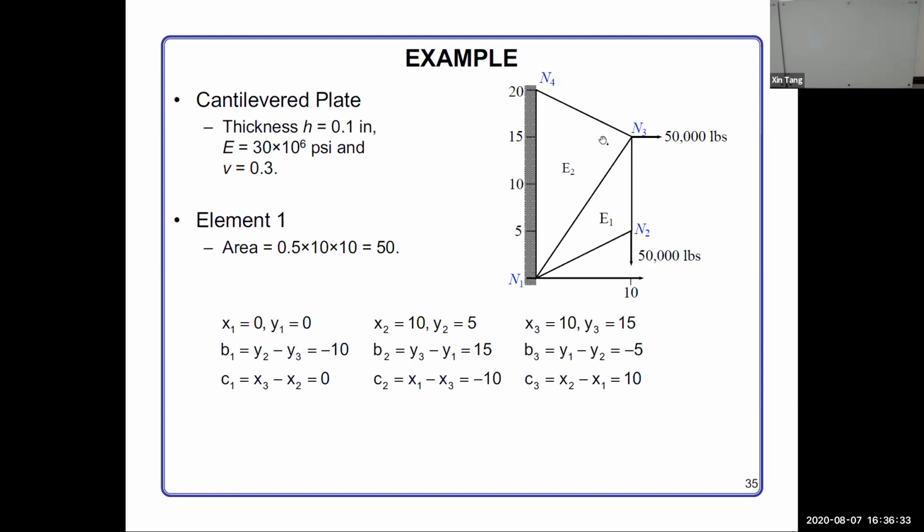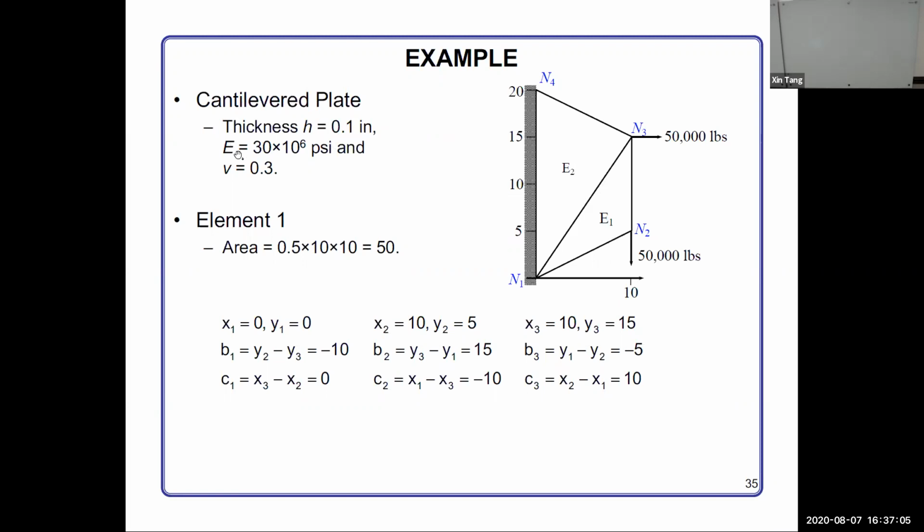We want to solve the different matrices within these combined elements. What we want to practice is how to calculate the B matrix, C matrix, and K matrix in each element, and then how to assemble them into the global matrix, capital KS, and then further calculate the stress and strain within the elements.